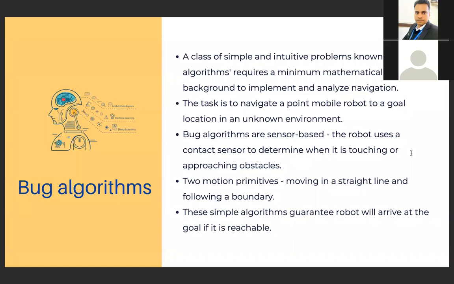And these bug algorithms will have two motion primitives. First is they either move in a straight line or they follow a boundary. And what we say is that these simple algorithms give a theoretical guarantee whether a particular goal is reachable or not reachable. So, okay, we'll start with bug algorithms.